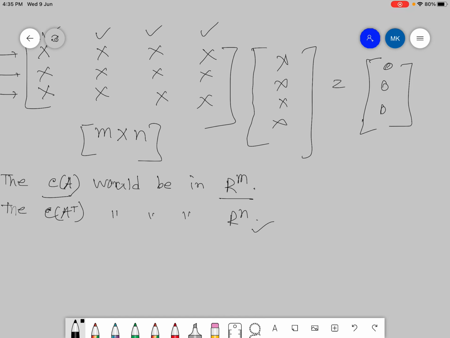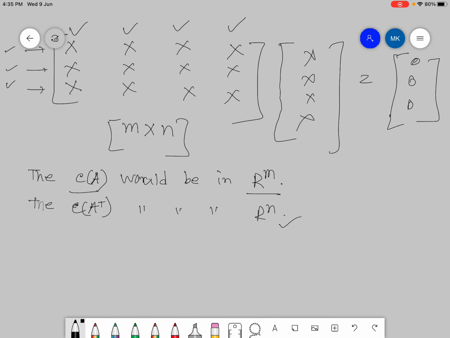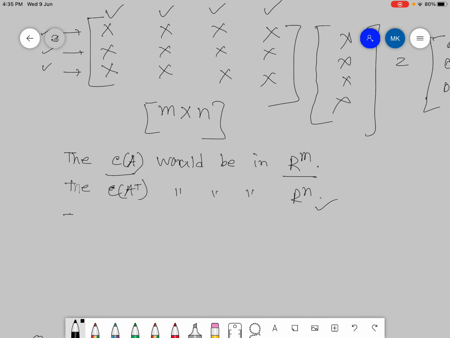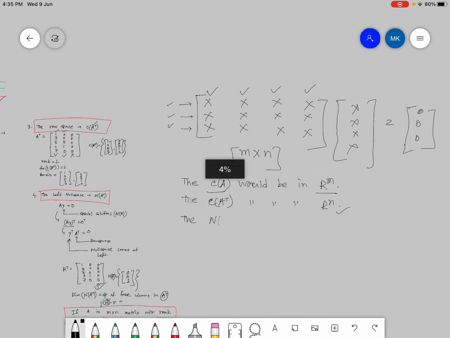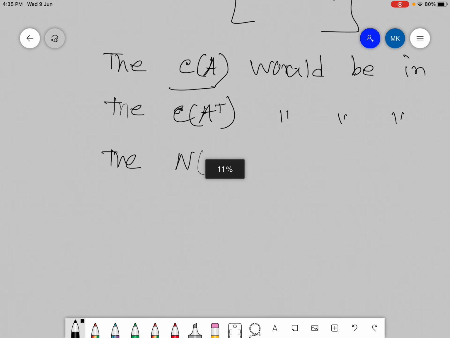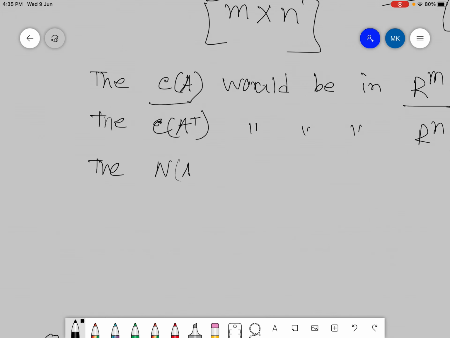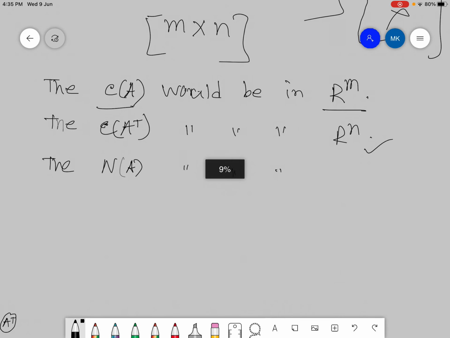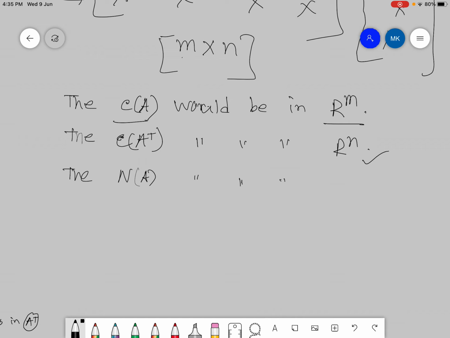There would be 4 elements, right? Same as the number of columns. So in this case m is 3 and n is 4, so the null space of A would be in Rn.